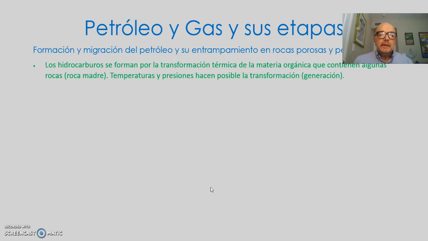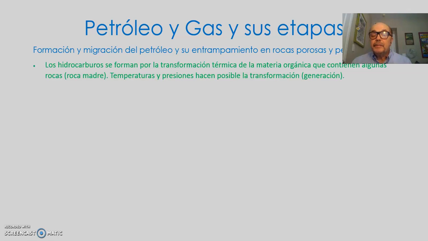We're going to talk about how this transformation of the Earth took place over 4,500 million years. I think that's what the specialists say. And how the traps of oil and gas were formed.